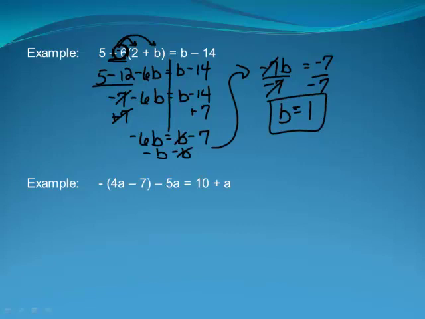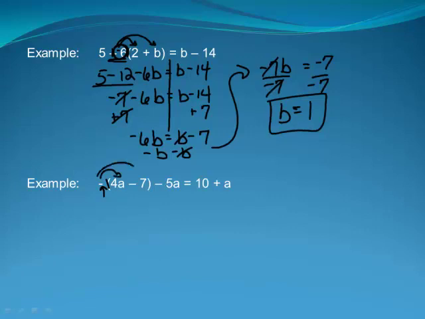And finally, negative times the quantity 4a minus 7 minus 5a is equal to 10 plus a. Remember from earlier sections, anytime you have a negative out in front of a parenthesis, that negative has to apply to everything in the group. Okay? Another way to think about that is you can think about that as a negative 1 if that makes more sense to you.